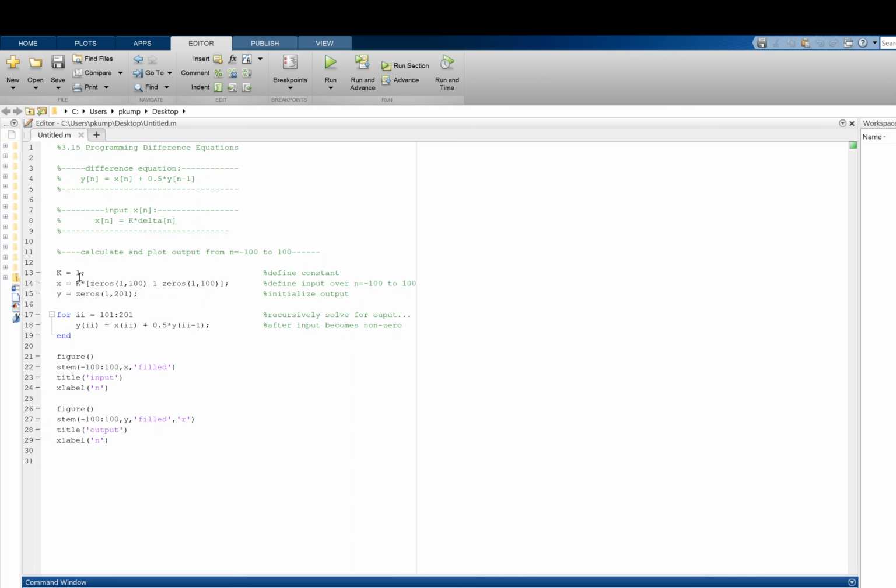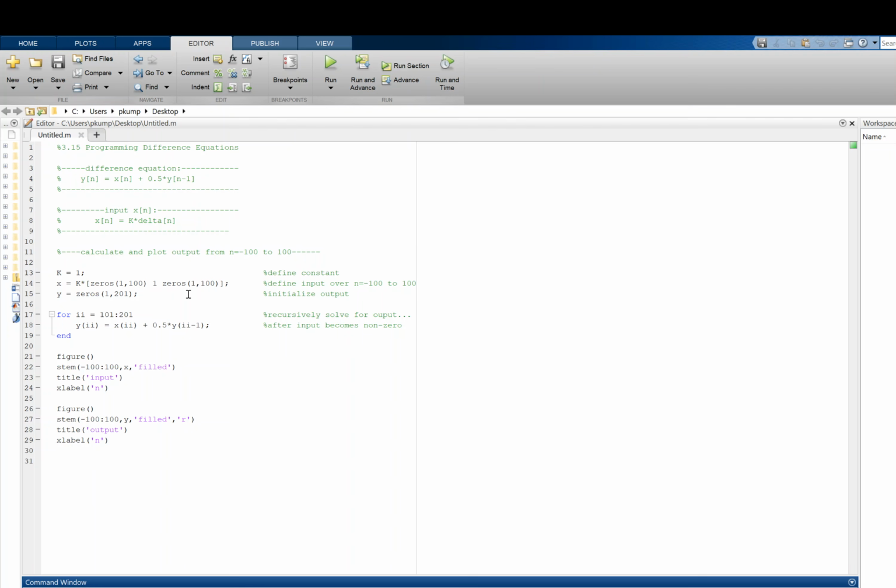In my program, I've got k equals 1, just choosing a value for that constant. If k equals 1, then the input is the delta function, so when I solve this and get y, y will be the response to that delta function, i.e. the impulse response.